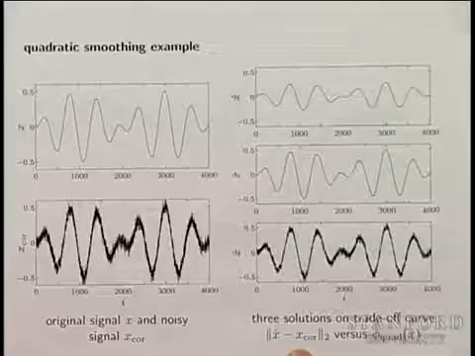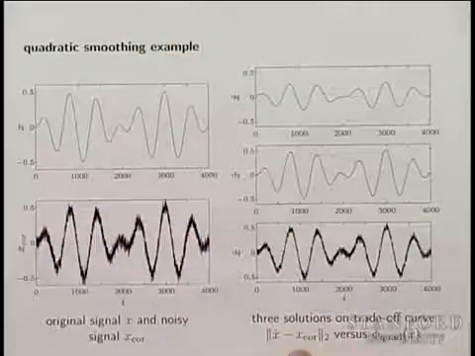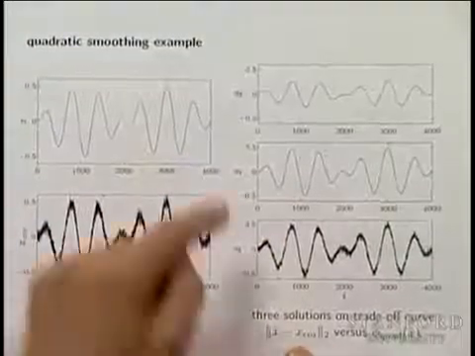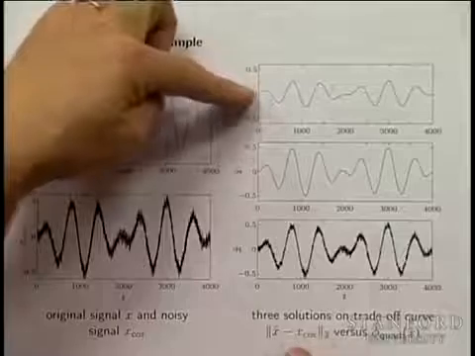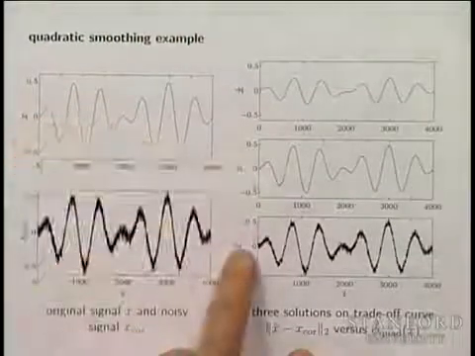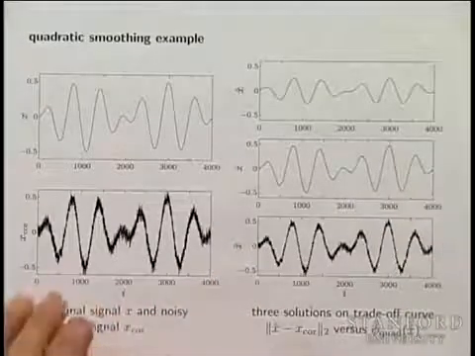So picking on the regularization path would be very, very easy. Here, you might say this is too smoothed, this is maybe smoothed the right amount, and that's not enough smoothing. These are just three values.